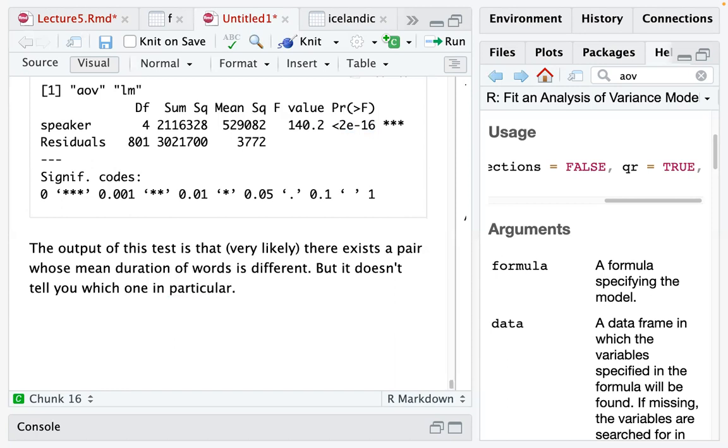The advantage is that its computation is much better, and it is a test.